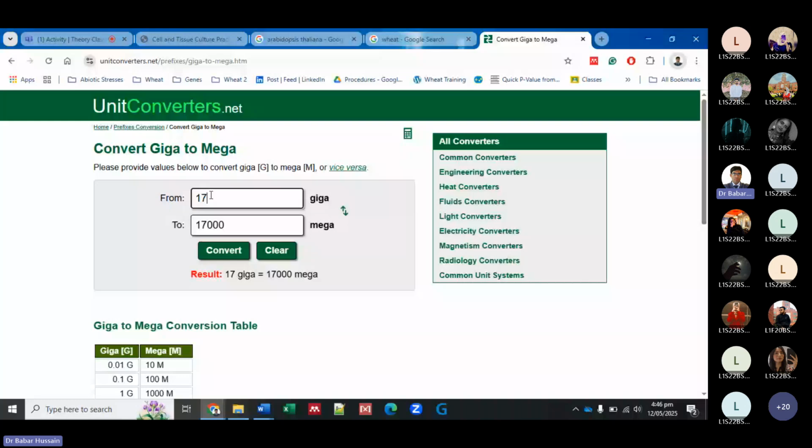So if you say 114 megabases, it is only 0.114 gigabases.